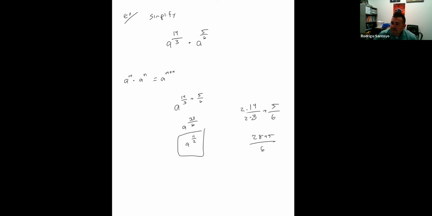All right. So a few examples there. What about this example here? Here I ask you to use rational exponents to simplify.